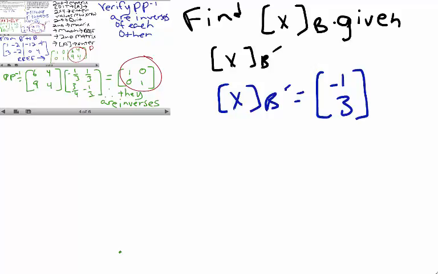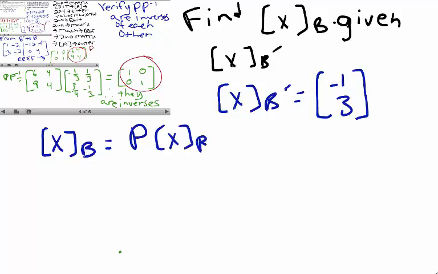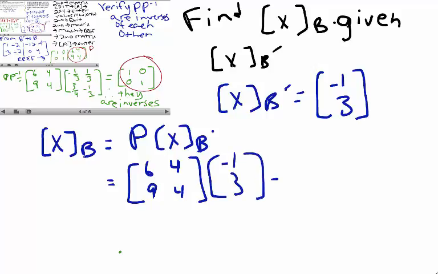And so by definition, the coordinate matrix of x relative to B is equal to P times the coordinate matrix of x relative to B prime, which is the 2 by 2 matrix 6, 4, 9, 4, which we found in a previous step, multiplied with the coordinate matrix of x relative to B prime, again using standard matrix multiplication procedures.